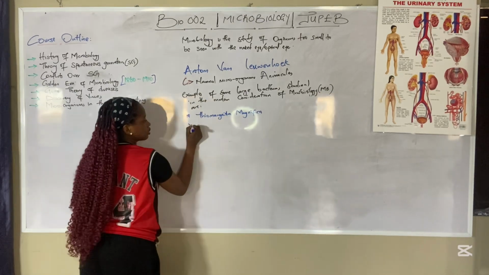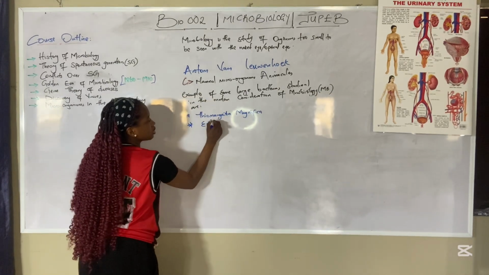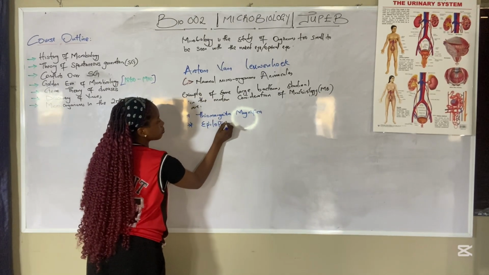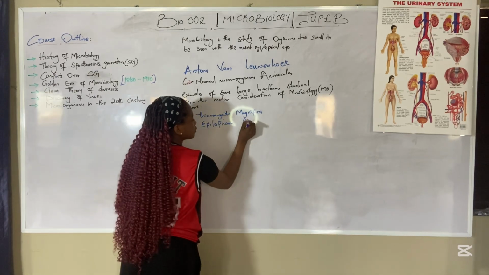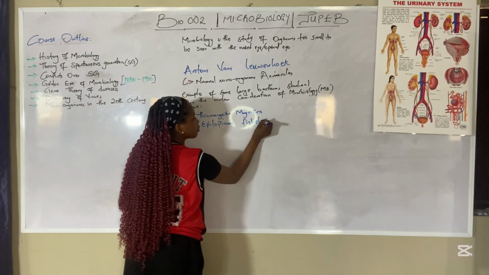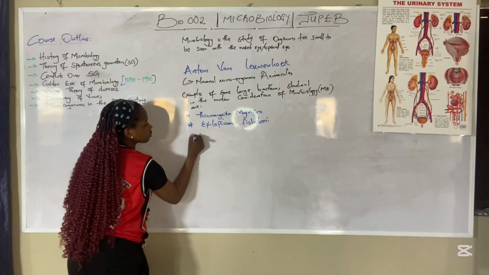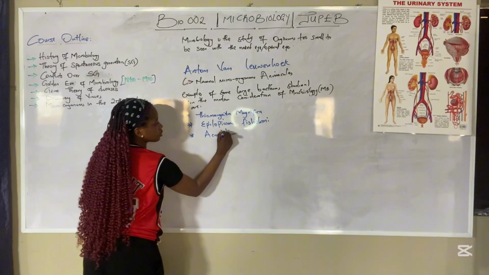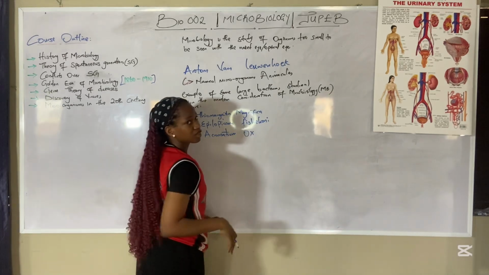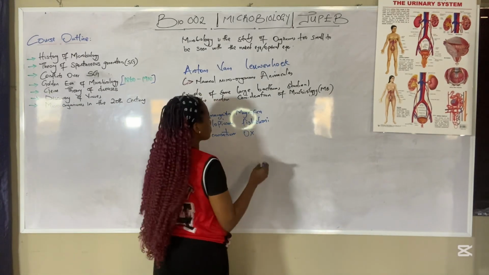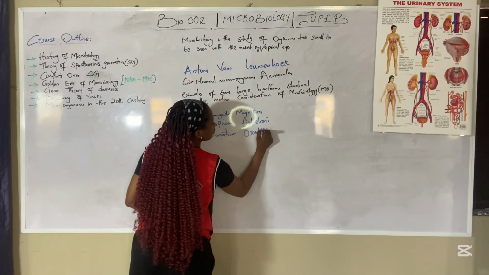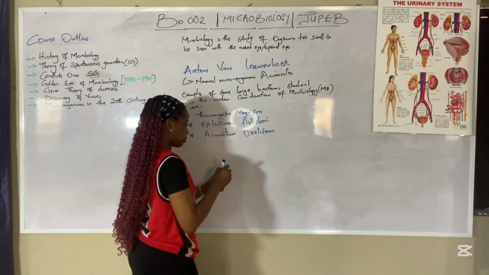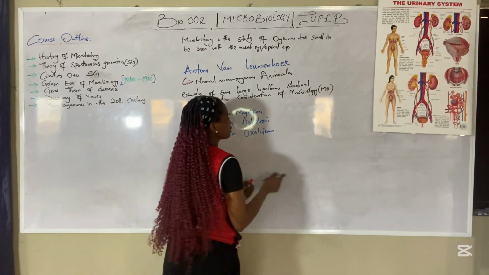We have Epulopiscium fishelsoni. We also have Achromatium oxaliferum, which is a sulfur-oxidizing bacterium that lives in freshwater habitats. Let me just indicate it for extra knowledge.